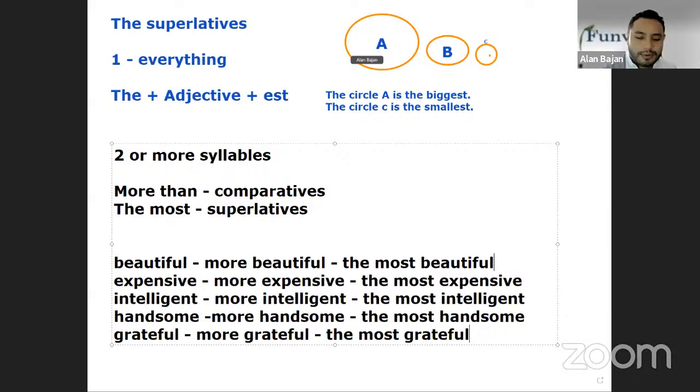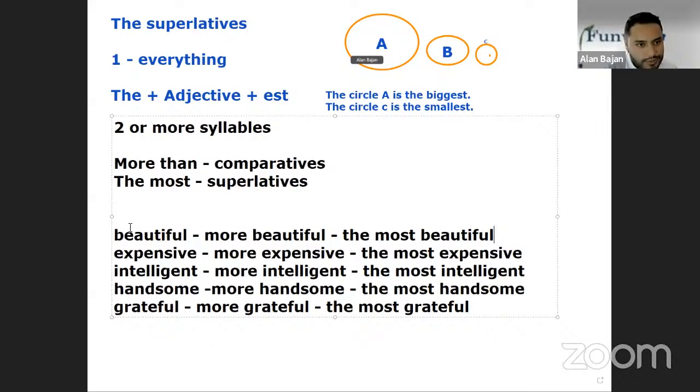Humble people are the most grateful. This is when we have an adjective of two syllables or more than two syllables. Beautiful, expensive, intelligent.